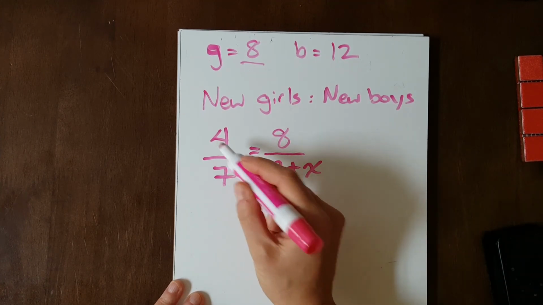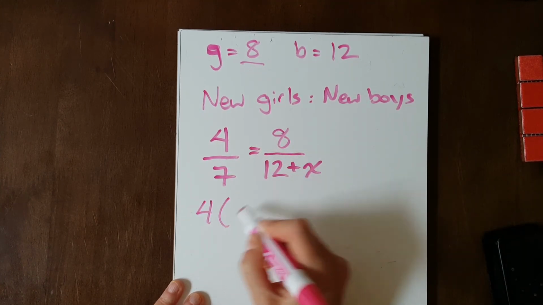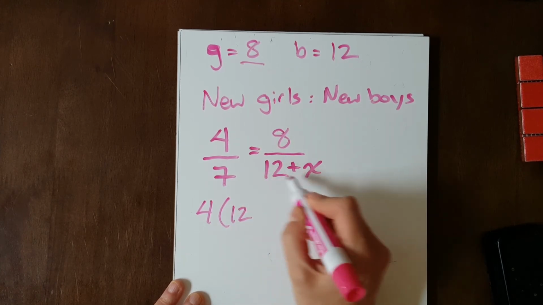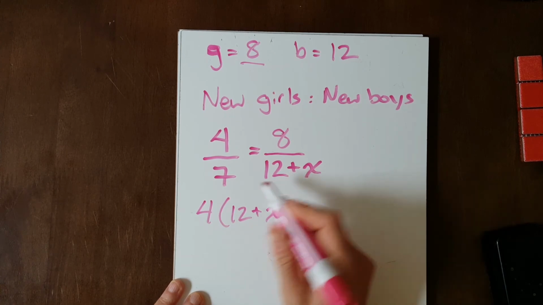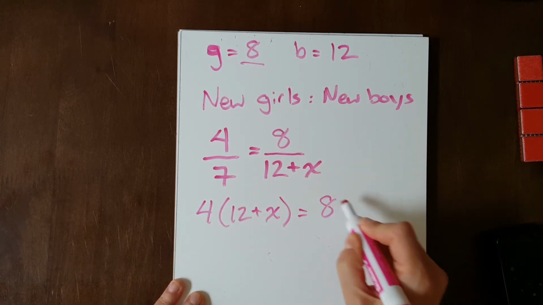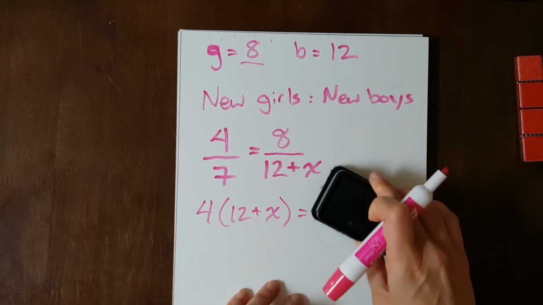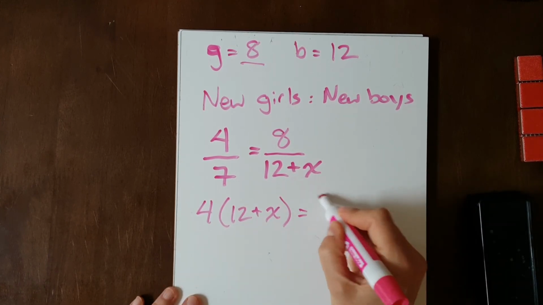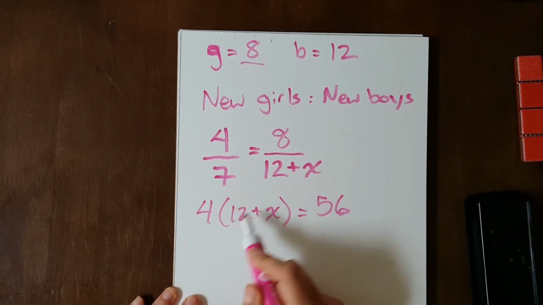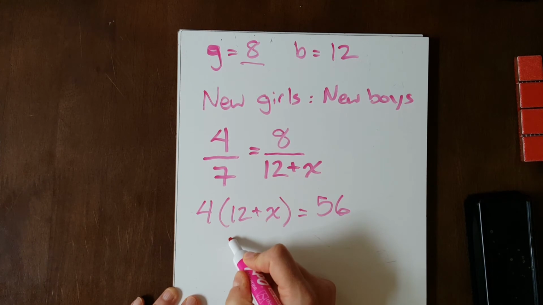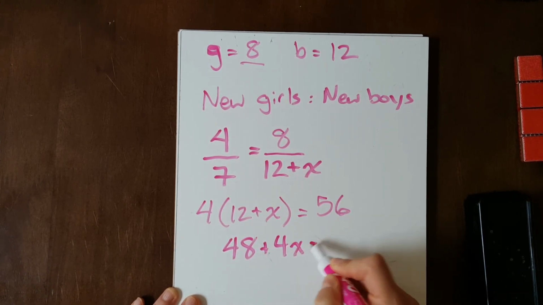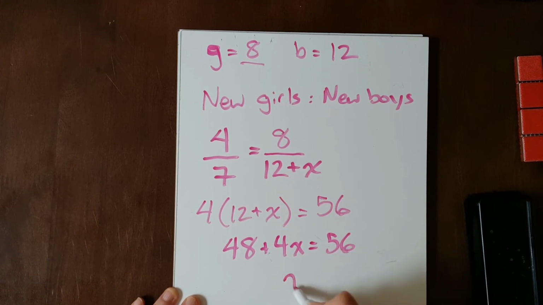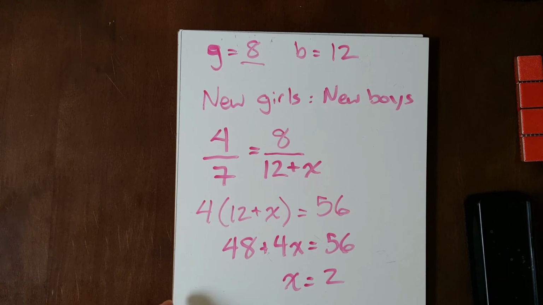We have 4 times, again, we have to multiply everything that's underneath, so the denominator, and 8 times 7 is 56. Then we use our distributive property, and we have 48 plus 4x is equal to 56. And then we have x equals 2.